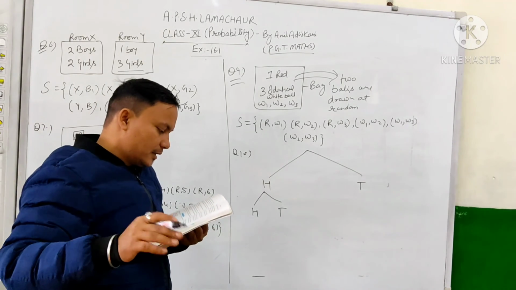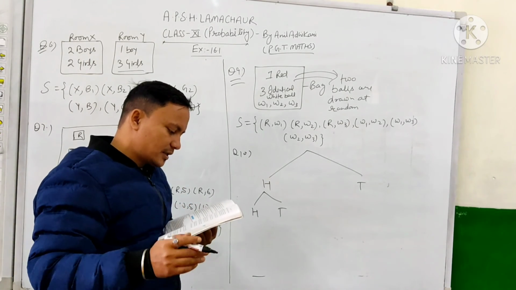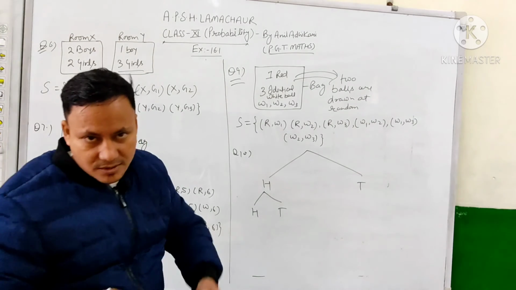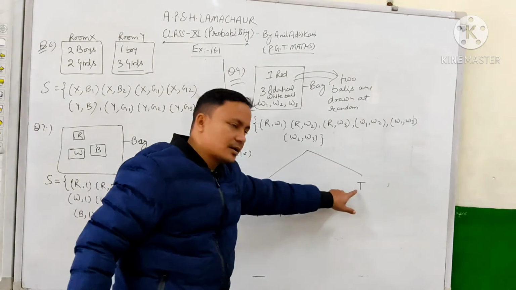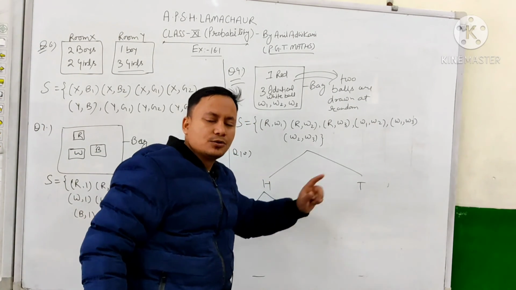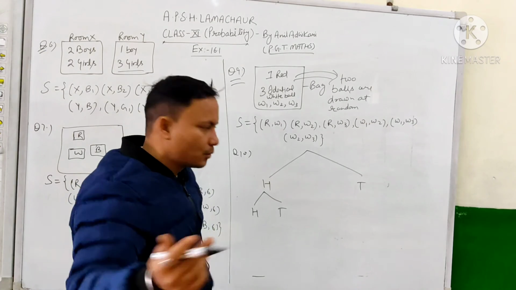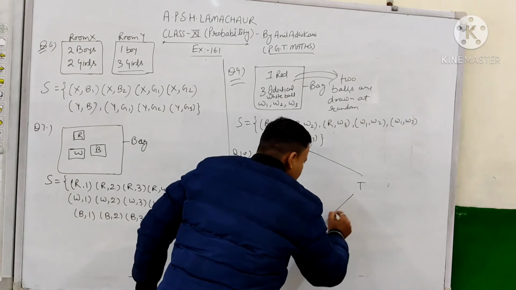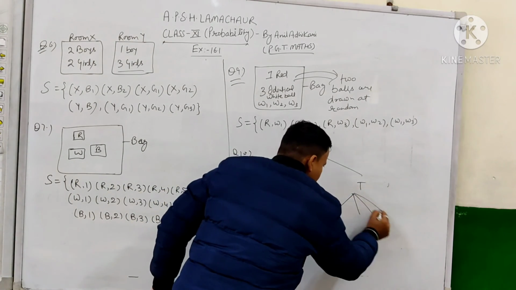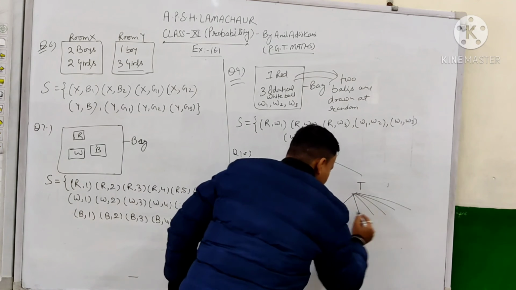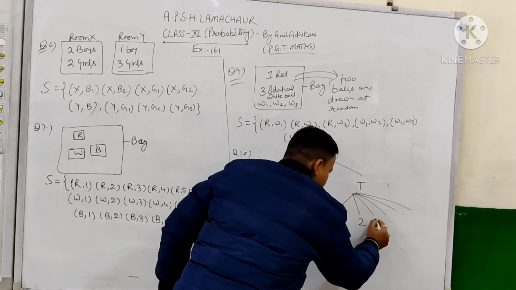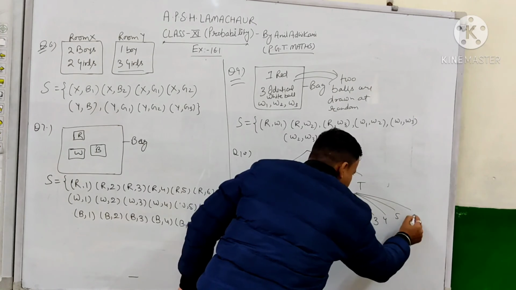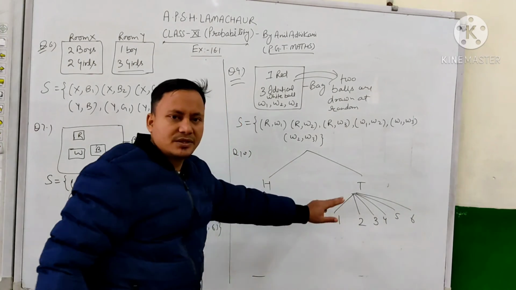But if a tail occurs on the first toss, then a die is rolled once. If tail is occurring, अगर tail आ रहा है तो हम क्या करेंगे उस कंडीशन में, एक die को रोल करेंगे one time. So if you are rolling a die, then there must be 6 cases, either it will show a 1 or 2 or 3 or 4 or 5 or 6. So these are the possibilities.